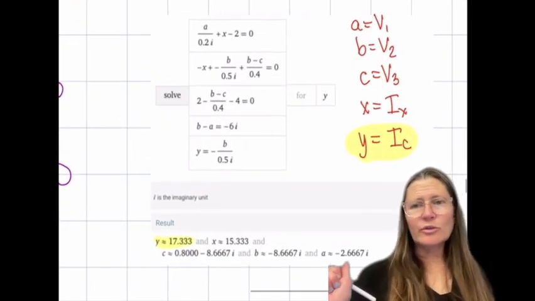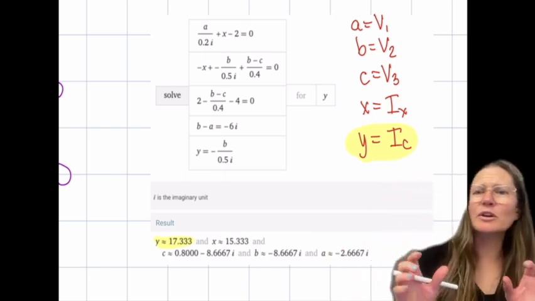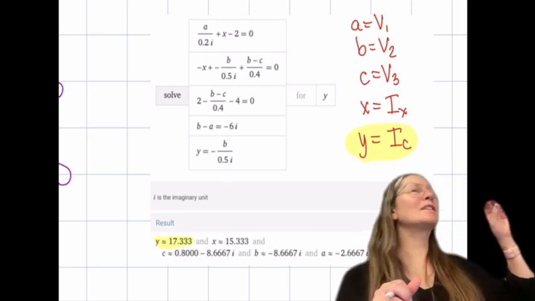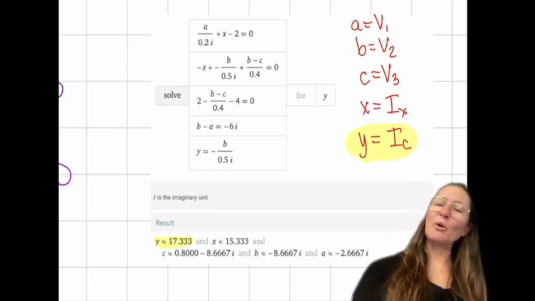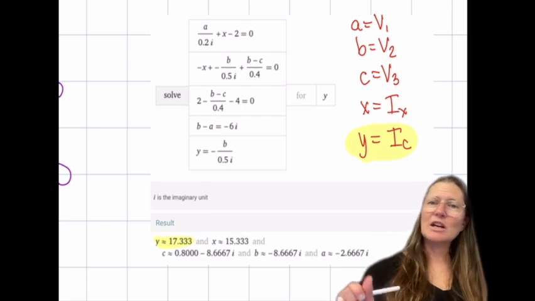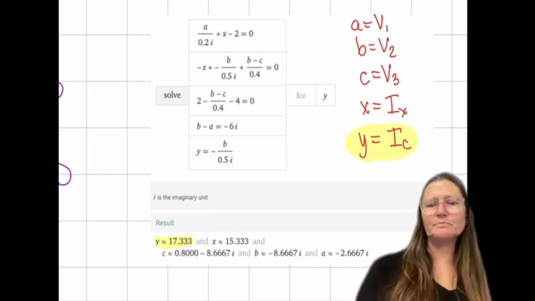I then used Wolfram Alpha, and the new interface is a little bit weird, so when I did the underscore, like V_1, it was doing something weird. So I used A for V1, B for V2, C for V3, and X for IX, and then Y for that IC value.